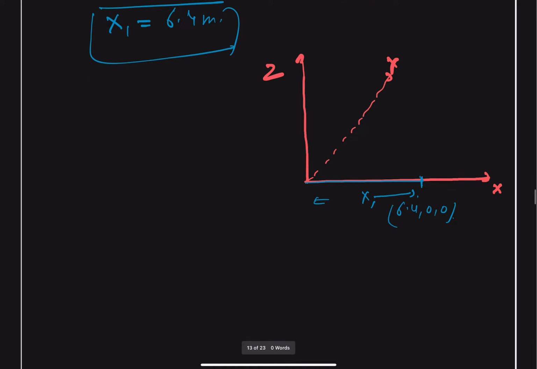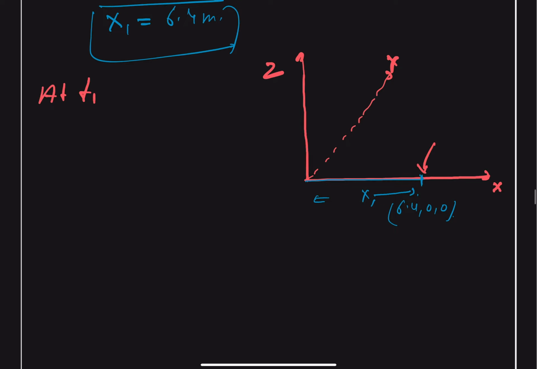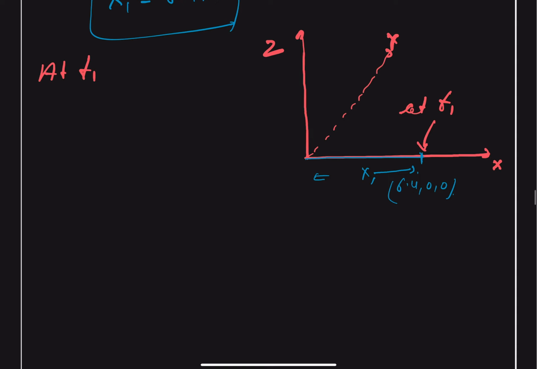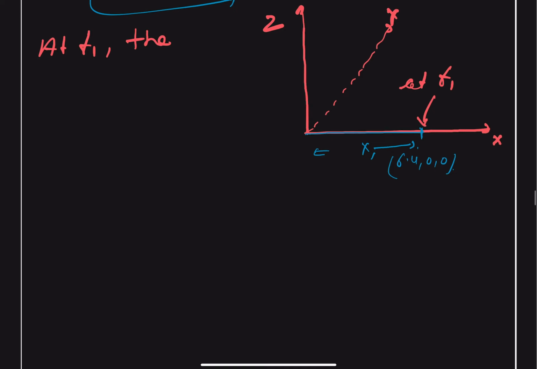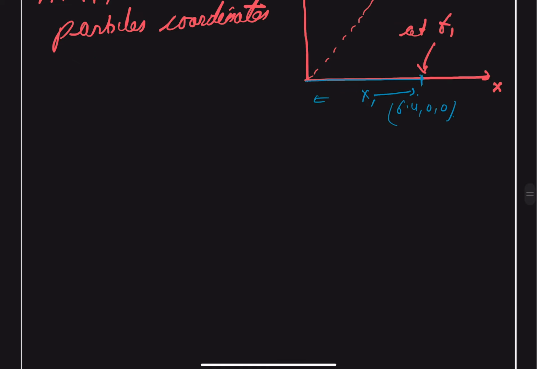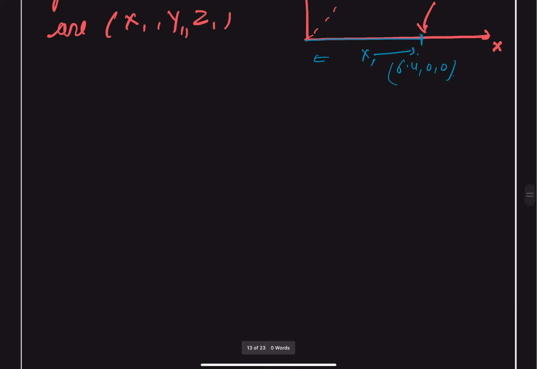So this is its position at t1. At t1, the particle's coordinates, let us call them x1, y1, z1, are 6.4, 0, 0.